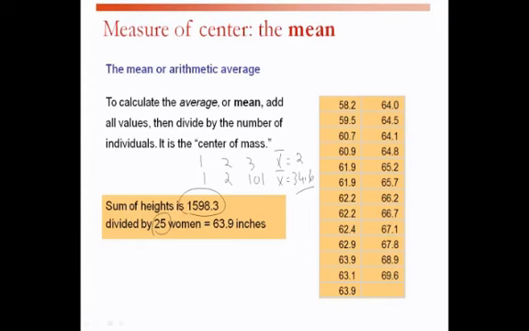So the mean is 55,000. Can you now tell me something about the distribution of household income? Let me rephrase the question. What percentage of households have an income greater than 55,000?